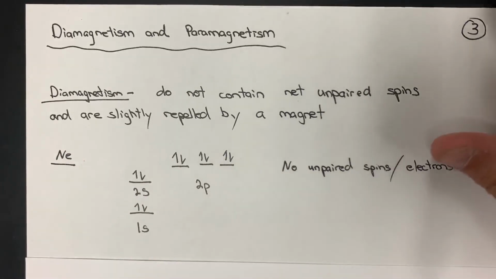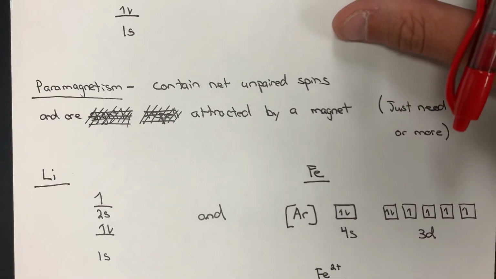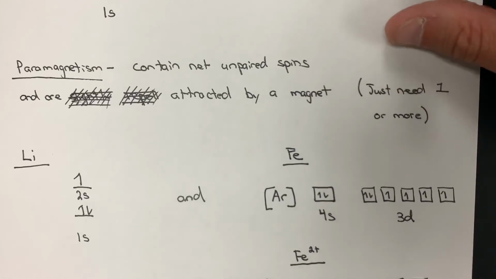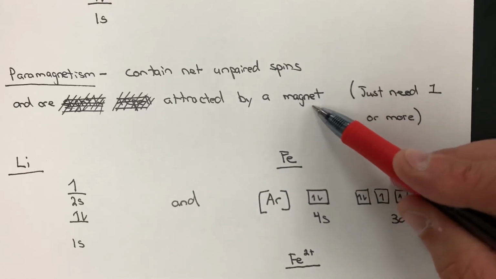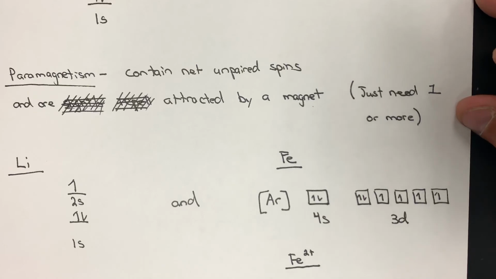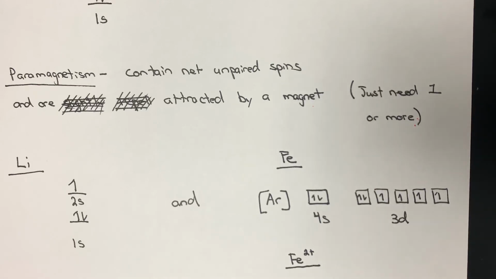In contrast to diamagnetism, paramagnetism does have a net of unpaired spins. Okay, and as a result, there is a slight attraction that we're feeling as far as a magnet goes. As far as unpaired spins, unpaired electrons, we just need 1 or more. And again, we're going to see that here in a moment.